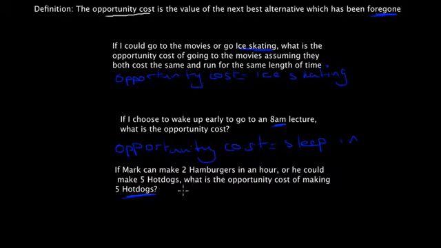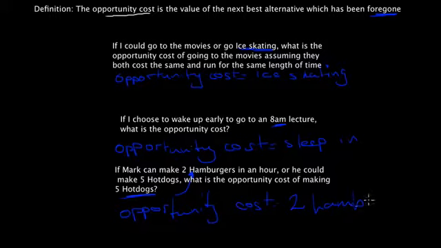And so that just leads us back to these 2 hamburgers, which he can't make anymore because he's chosen to do the 5 hot dogs. So we just say the opportunity cost equals 2 hamburgers. It's simple as that. So it's quite a simple concept.